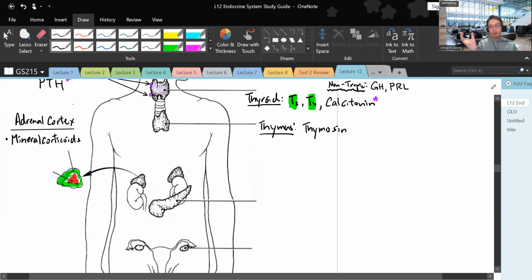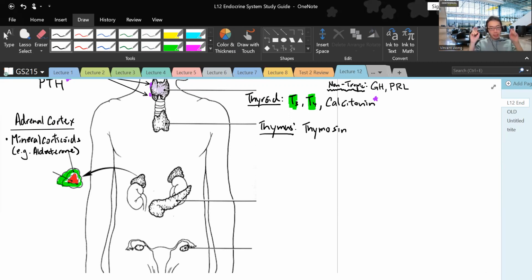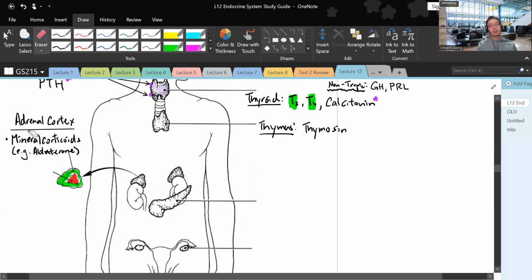It's a whole bunch of hormones that help regulate minerals in the body. And the main one that we will learn is aldosterone. Okay. So we already learned about aldosterone in the renal system, and we know the mineral that it helps regulate is sodium. Okay. So there are other ones that are secreted from the adrenal cortex, but that's the main one.